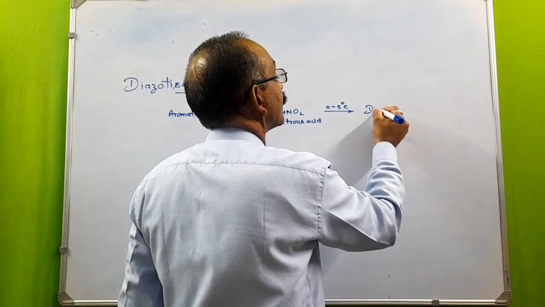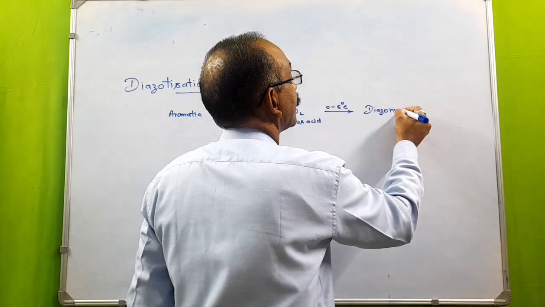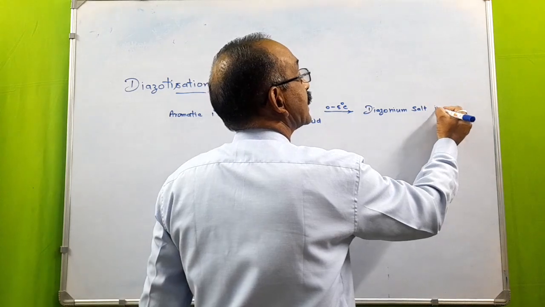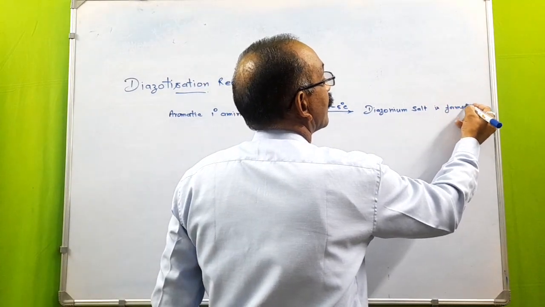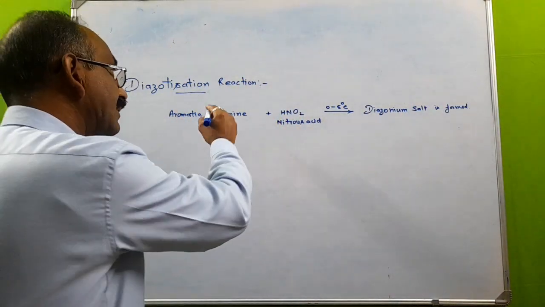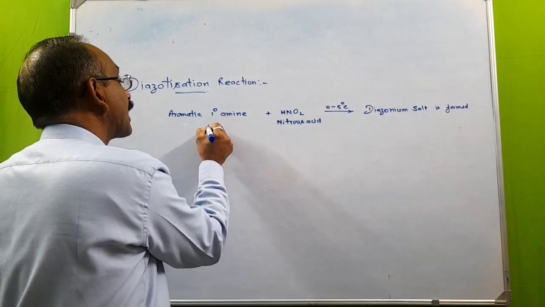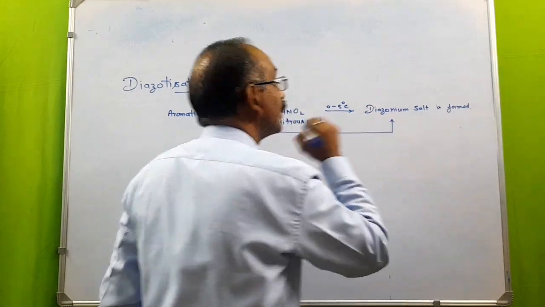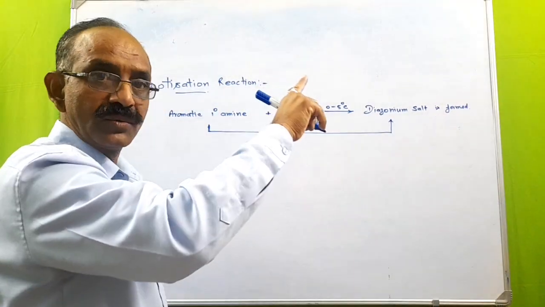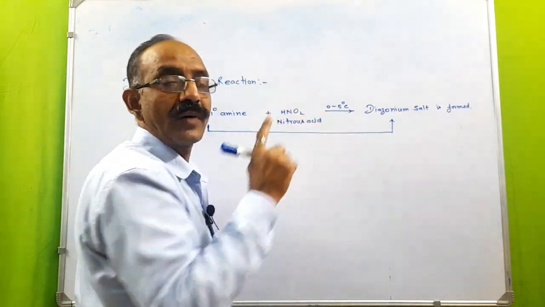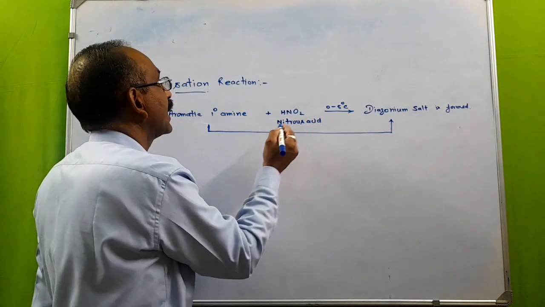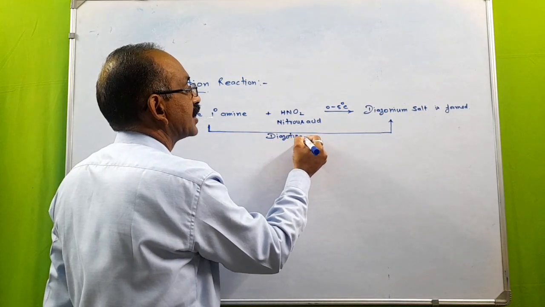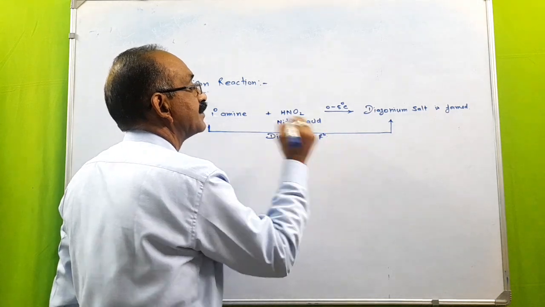Here diazonium salt is formed. So this conversion of aromatic primary amine to diazonium salt by treating with HNO2 at 0 to 5 degrees Celsius, this reaction is known as diazotization reaction.